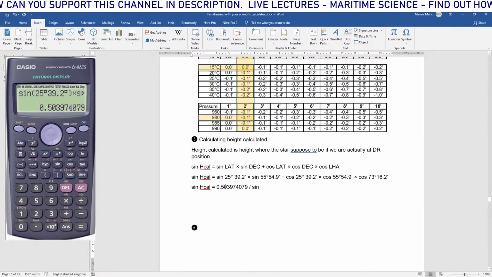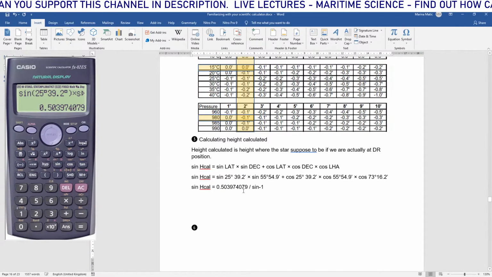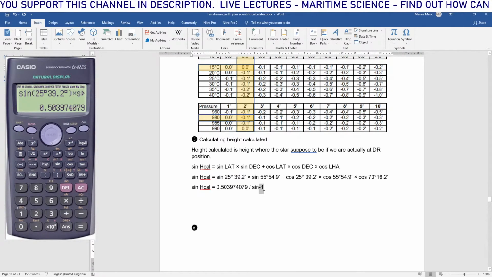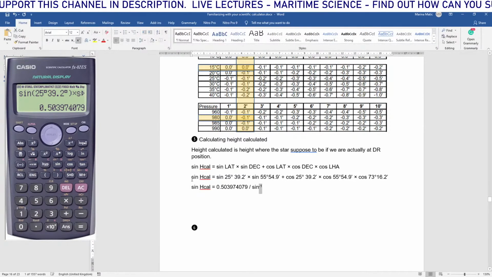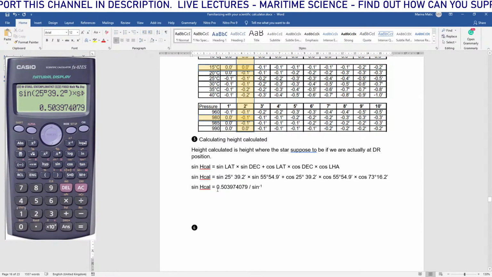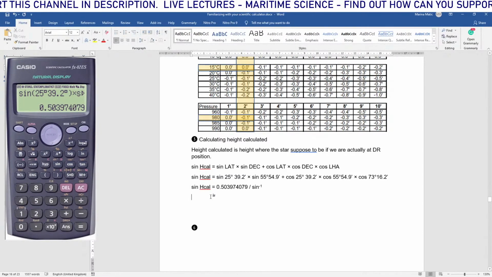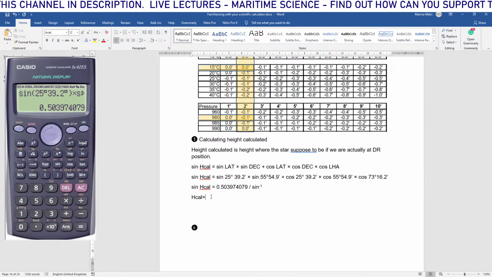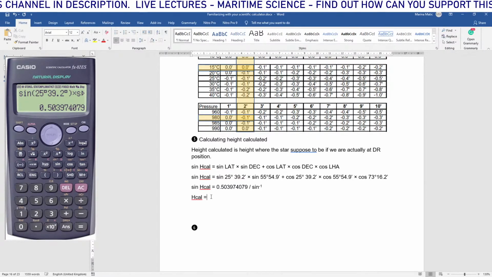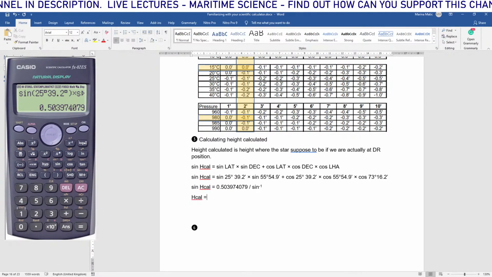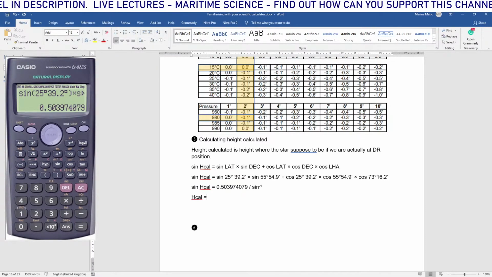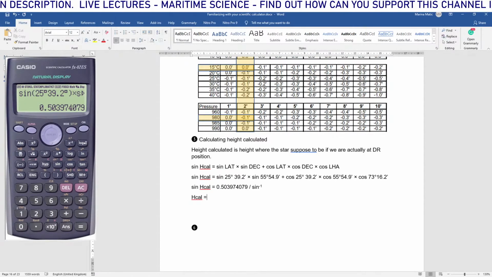Now what we need is to invert this. We need to get the inverse, sine to the power of -1. This is the sine of height. We need the value of height calculated. In order to revert this back to an angle, we need to activate the secondary function of the sine button.